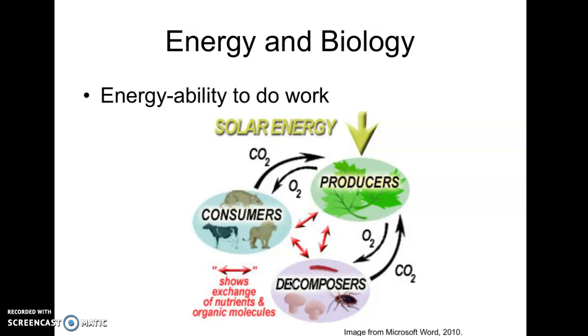So consumers, we have to basically ingest other types of organisms, whether that's other consumers, or it might be decomposers, or it could be producers. So we, as humans, will eat usually some type of meat source, some type of plant source, but we also might eat some type of fungi, which are decomposers, such as mushrooms.